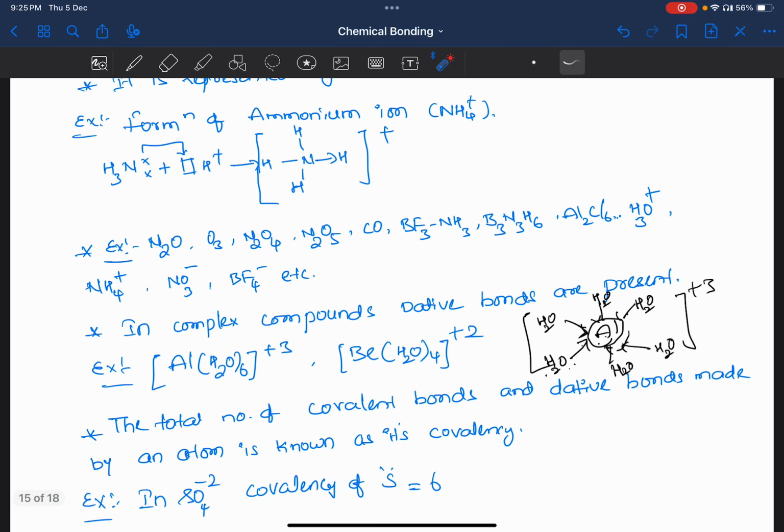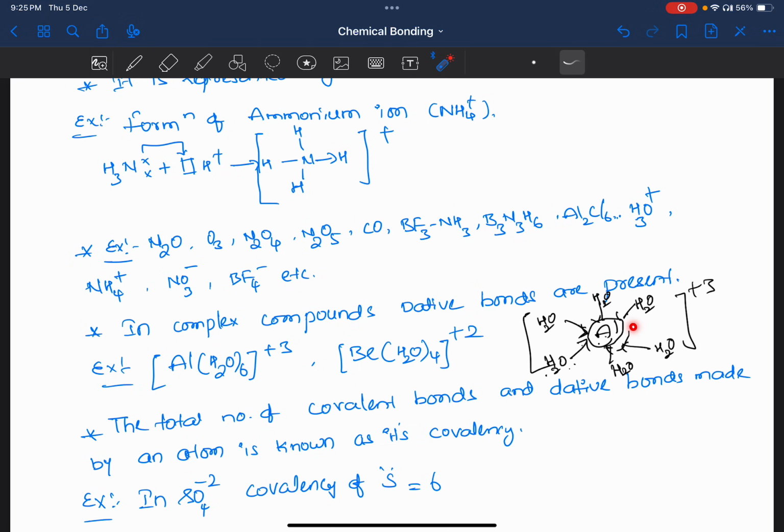And next, the total number of covalent bonds and dative bonds made by an atom is known as its covalency. Covalency is an important concept. So in this molecule, what is the covalency of aluminum? Around aluminum, how many bonds are observed?